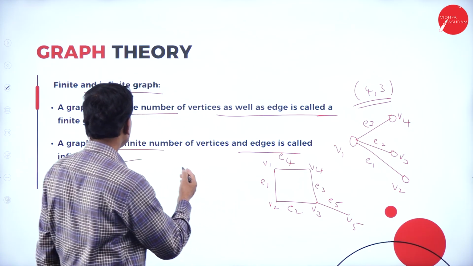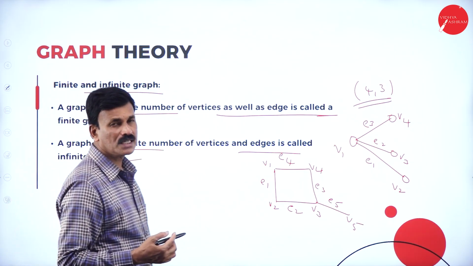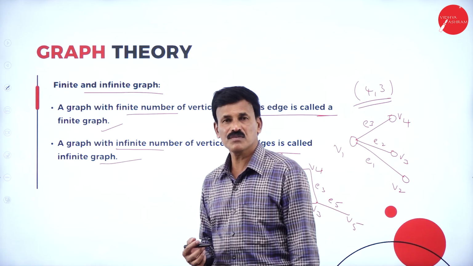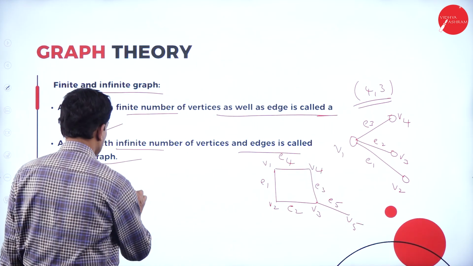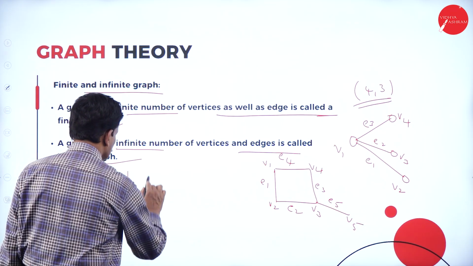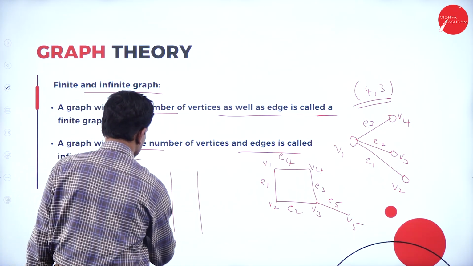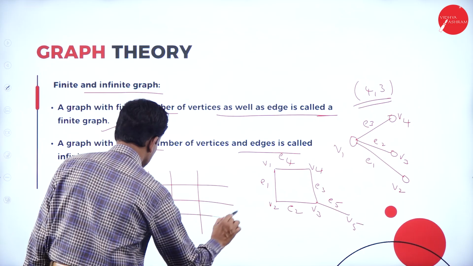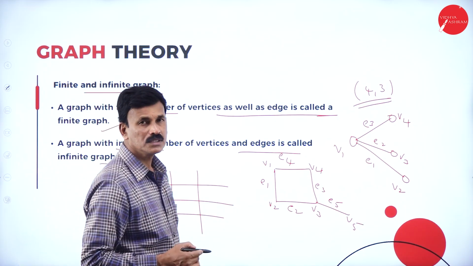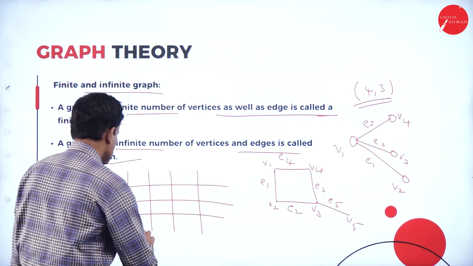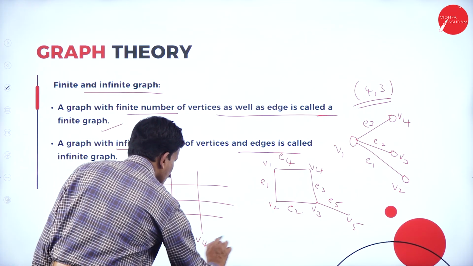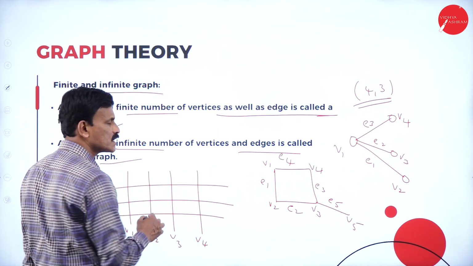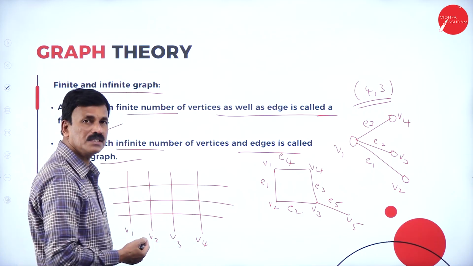Now, whereas an infinite graph means a graph which contains infinite number of vertices and edges. Let us take an example. If I write like this, here it contains vertex V1, V2, V3, V4 etc. and the edges. This is an example for an infinite graph.